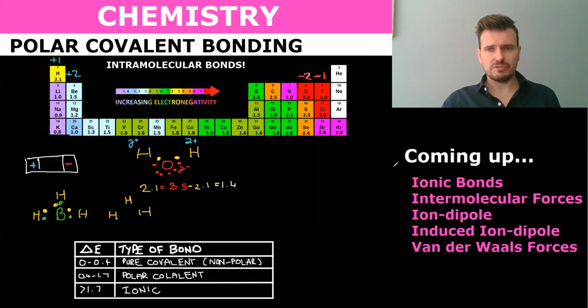If we look at the difference in electronegativities as well, hydrogen is 2.1 and boron is 2. Then our change in E is 2.1 minus 2, which is 0.1, and it falls into the pure covalent category. We also see that all of the electrons are used in bonding, and so there's no overall charge. And we have this non-polar molecule.